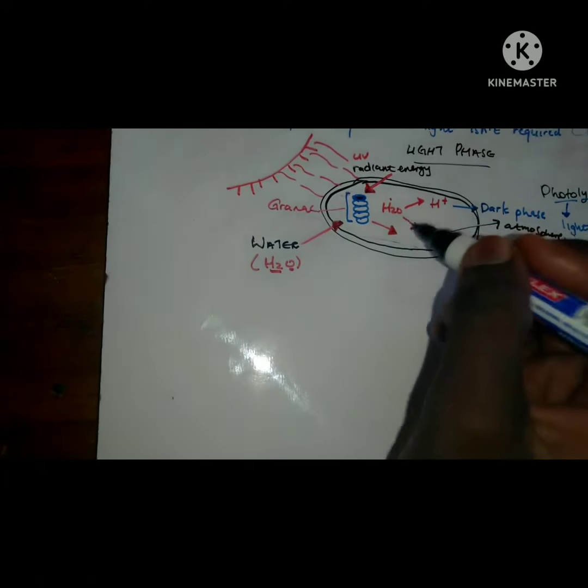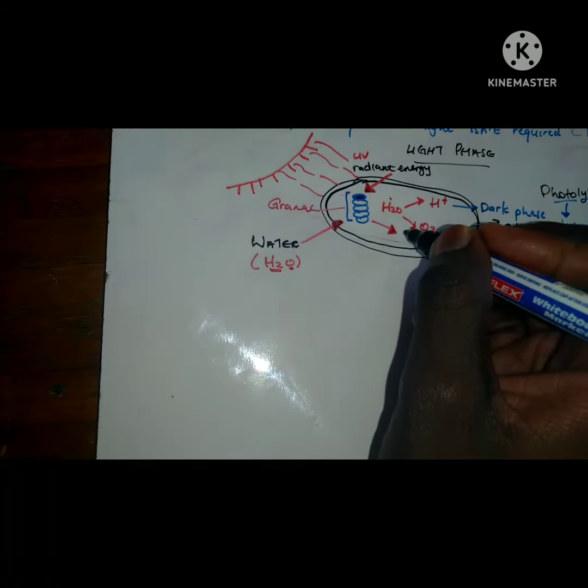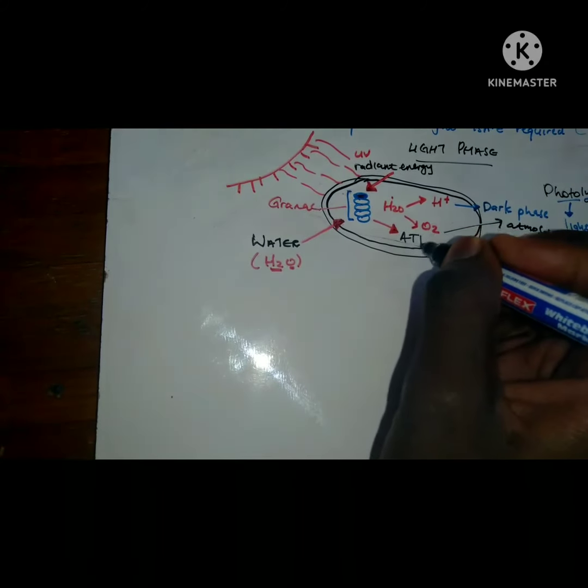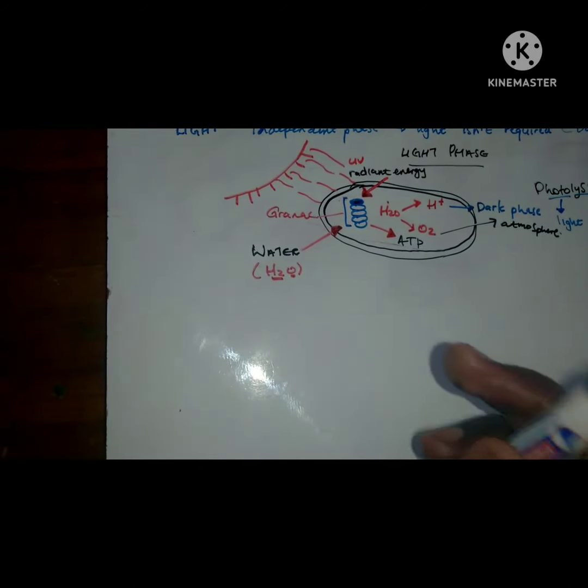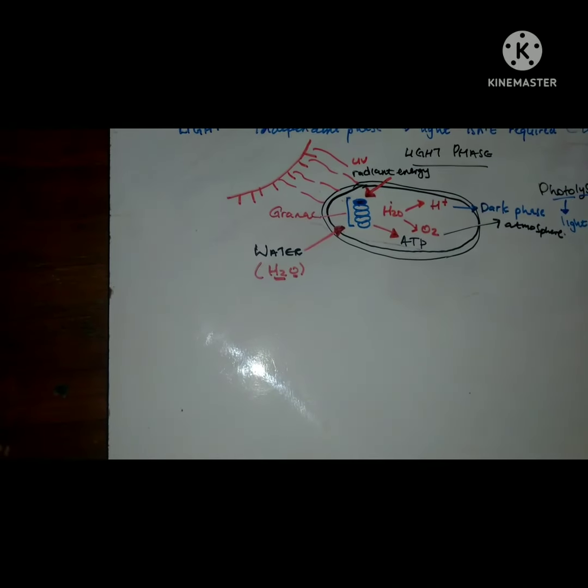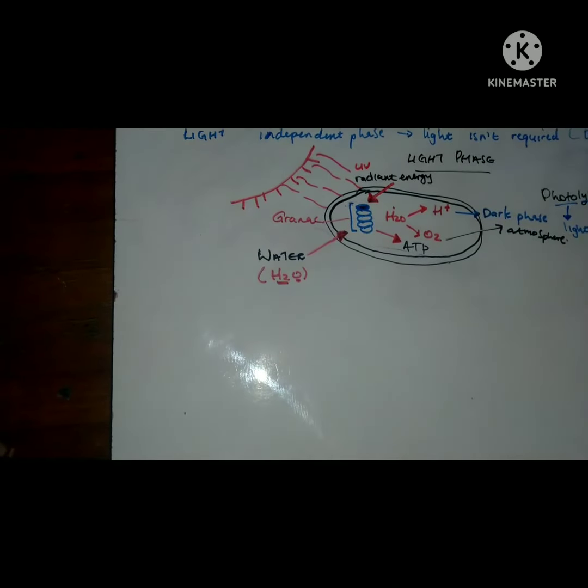Another product we'll have, which will go to the dark phase, is ATP. ATP is energy, basically, adenosine triphosphate. So this is energy that is produced from the reaction between water and radiant energy.